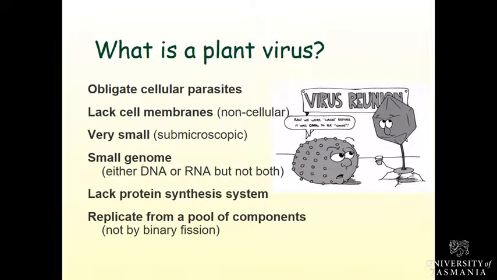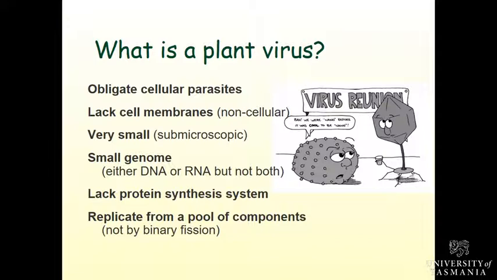So these days, what really is a plant virus? Well, some of the characteristics of plant viruses. Firstly, they are obligate cellular parasites. So by that I mean they can't replicate outside of a cell. They must replicate within a host cell.